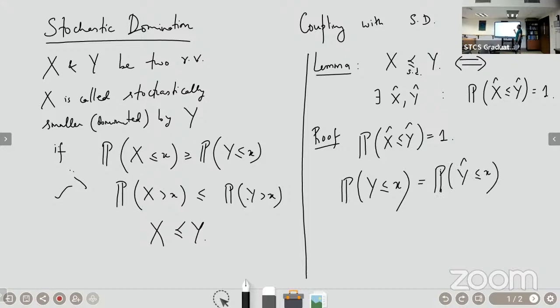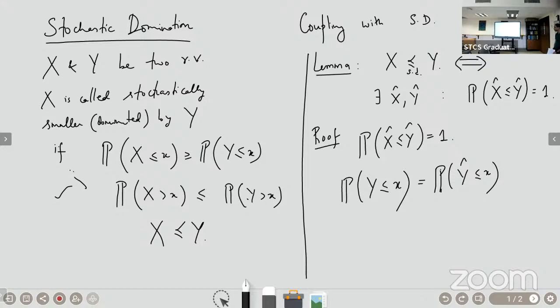Now I somehow want to use this. How do I introduce something like this inside this? Using that fact, what more can you write for this probability? You know that the probability of x hat being less than or equal to y hat is 1. Using that fact, what can you write?